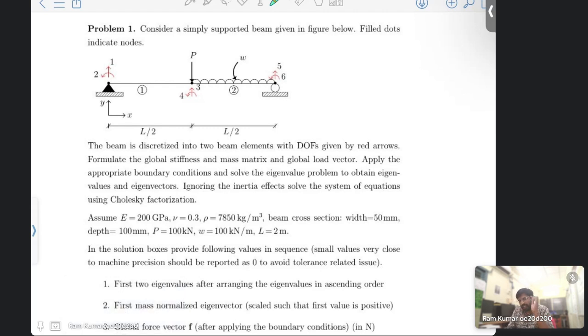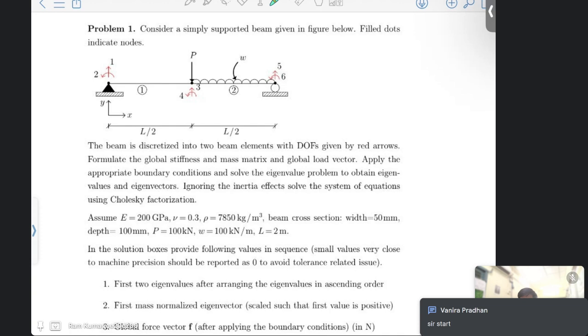Now you have to find the eigenvalue. You want to try or should I start solving? Okay, then I will start.